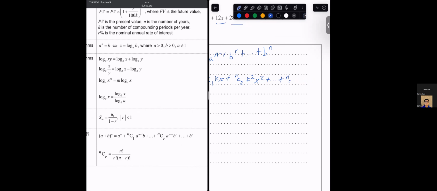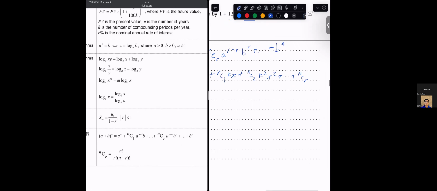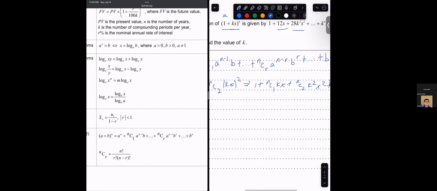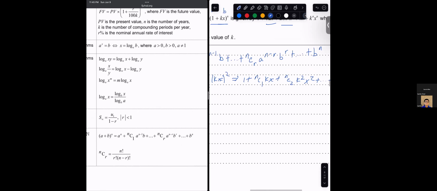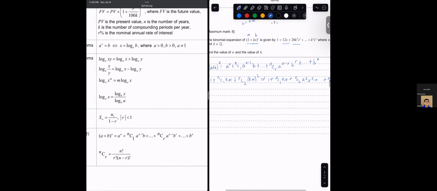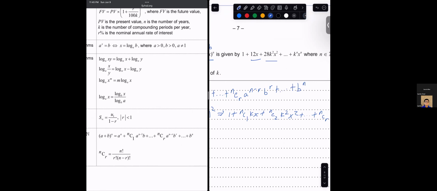Essentially we can leave it at that for the formula because we don't need to spend anything more on it. But now what we need to do in a binomial is always compare.